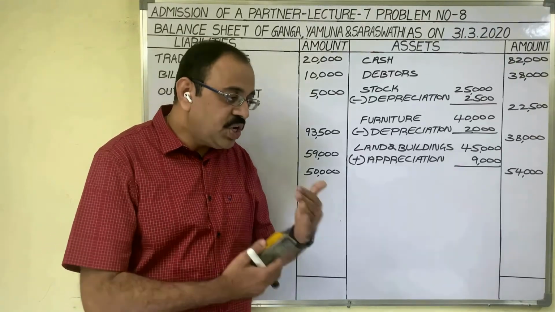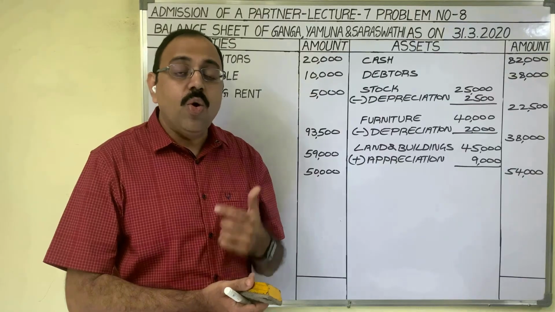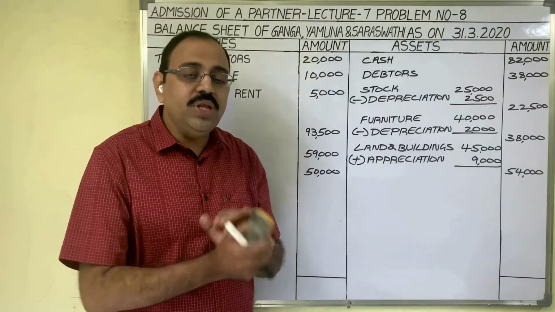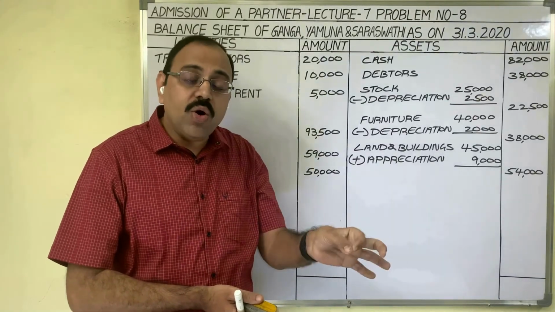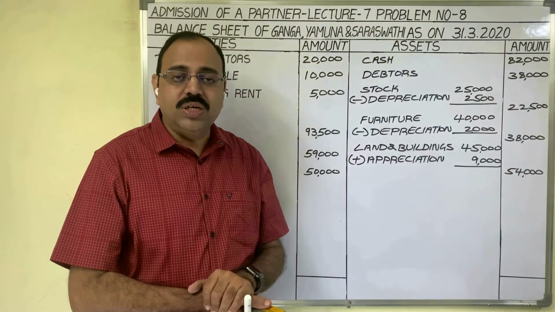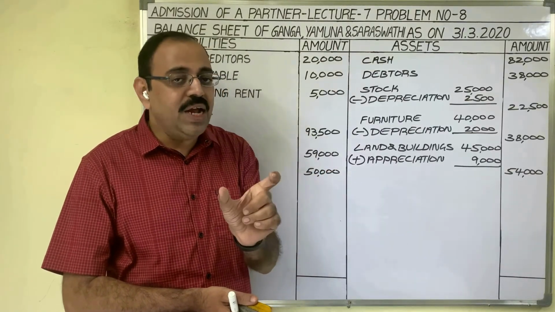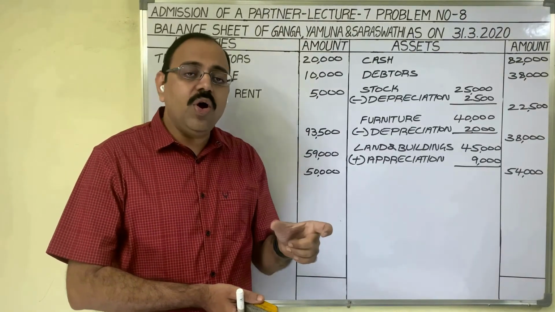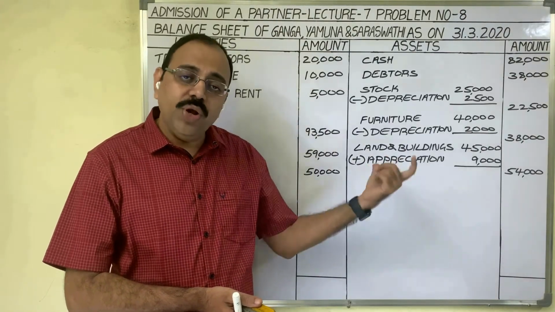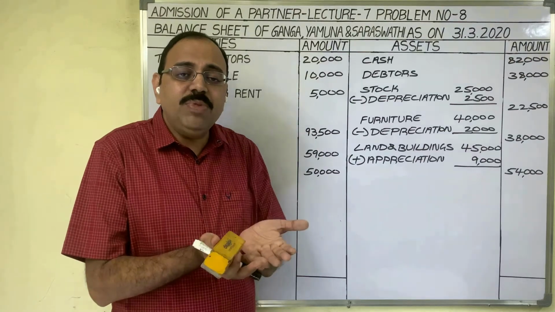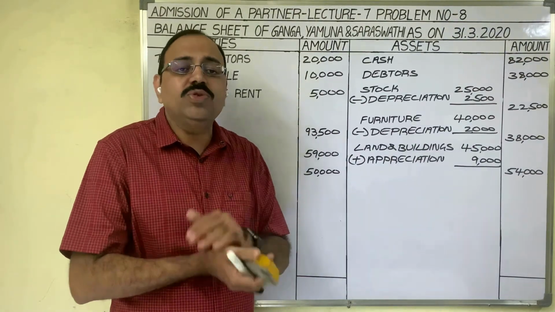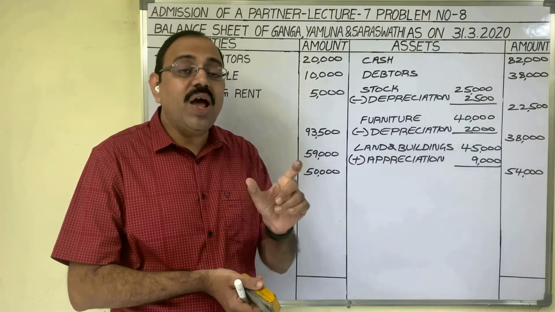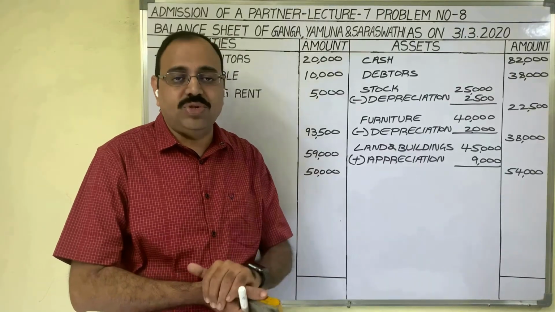In revaluation of assets and liabilities, old partners came to know about this. Now they want to record that investment in the books. Investment is an asset, its old value is 0. Now if you record, then 3,000 you are going to record, means investment value is increased by 3,000 rupees. So market value of investment is 3,000.